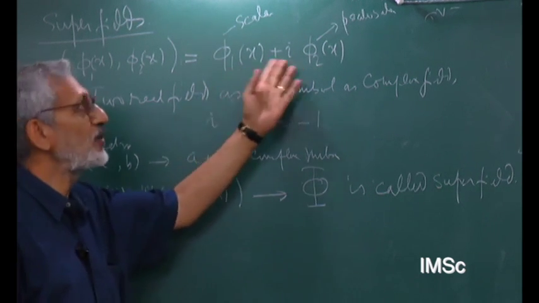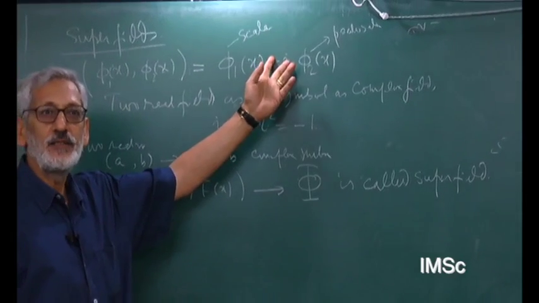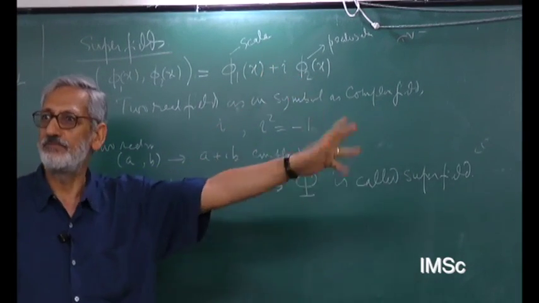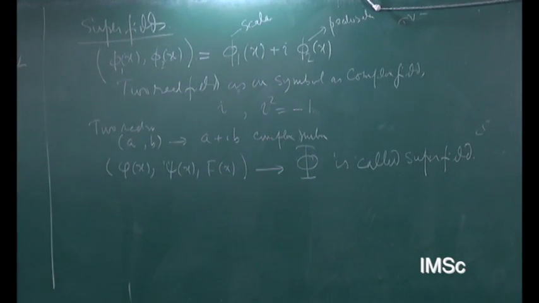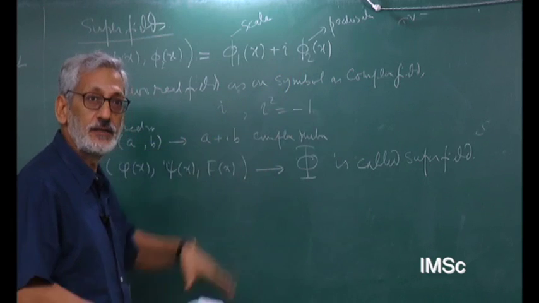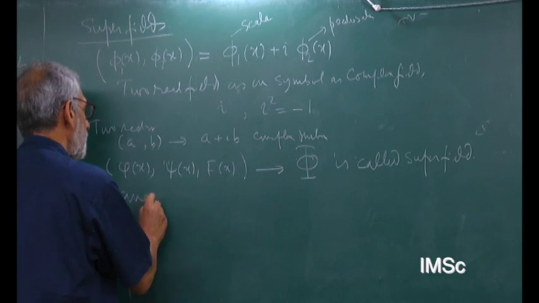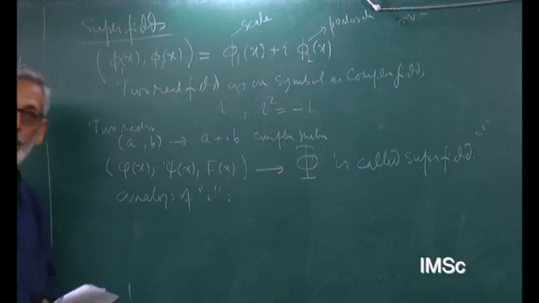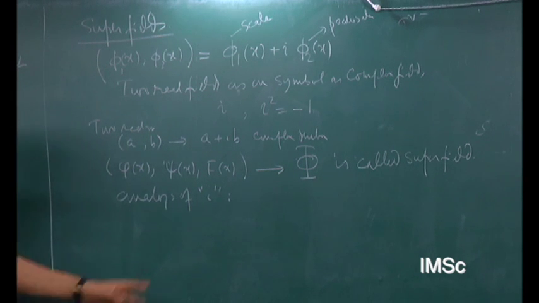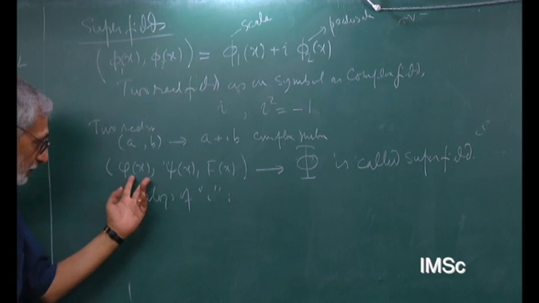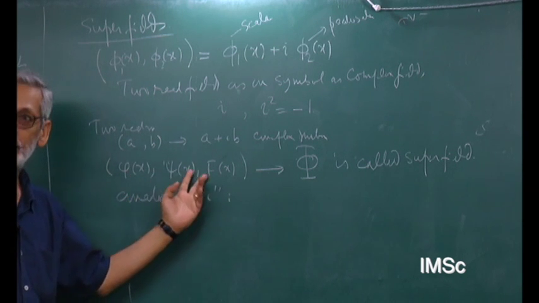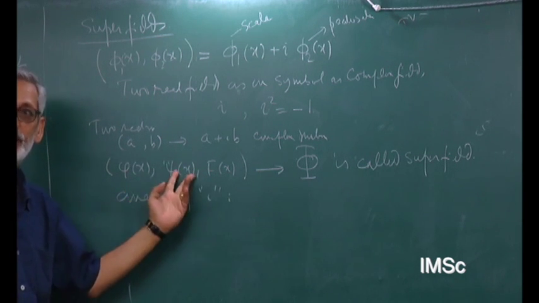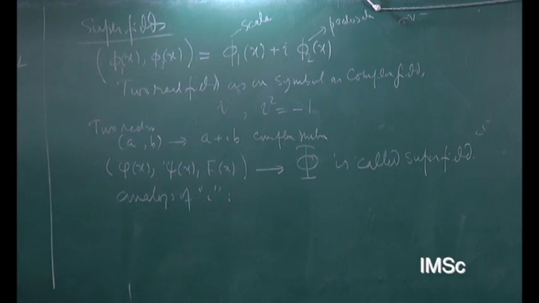In this case, only the parity properties were different, so you could introduce an I, defining that under parity conjugation I changes sign, and that would distinguish them. Here I have to introduce a corresponding analogue of I, which has to carry the information that these objects have different spin, or are in different representations of the Lorentz group.